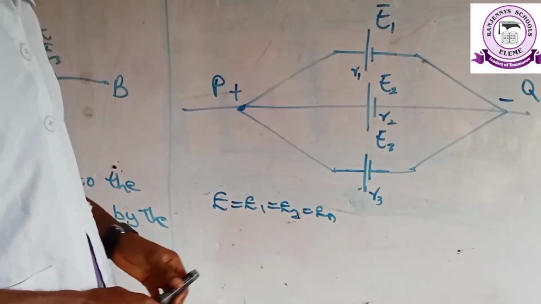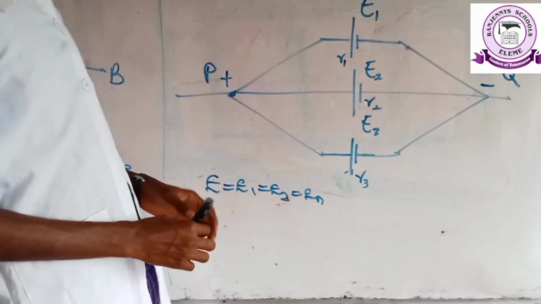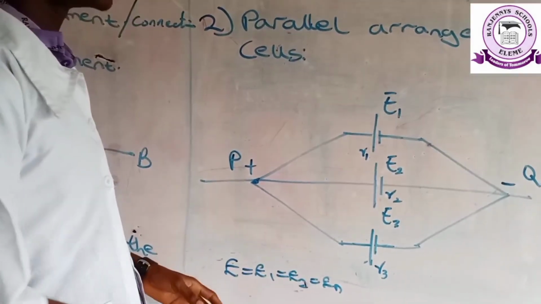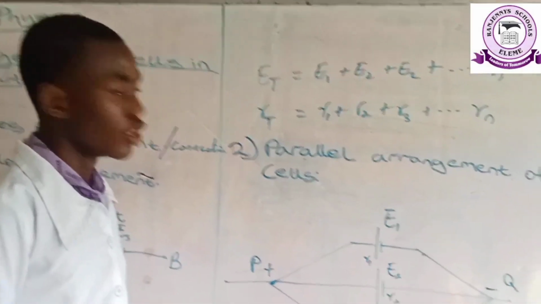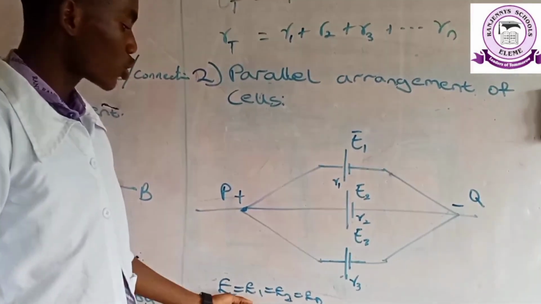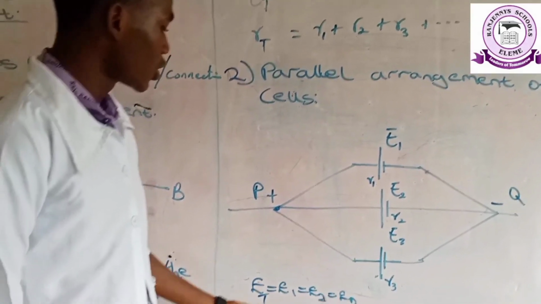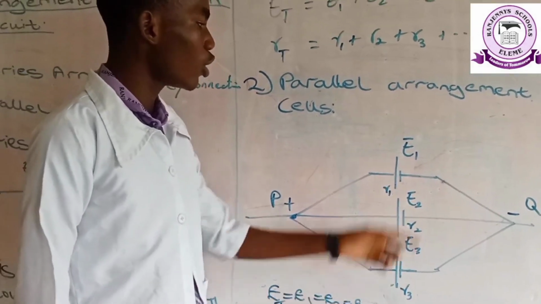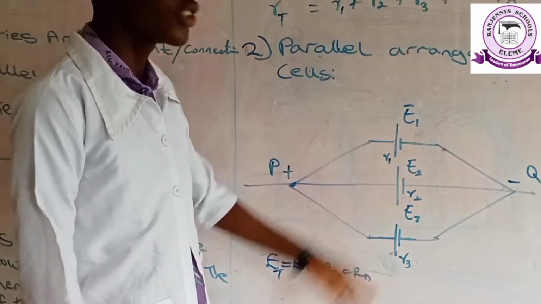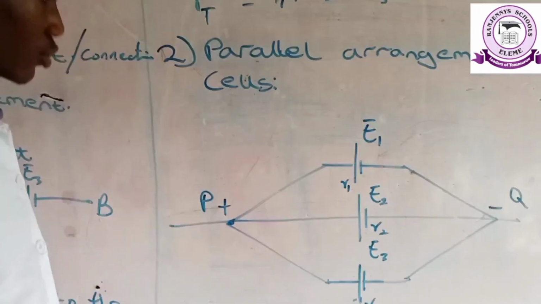Also, in parallel arrangement, the voltage across each of the cells is the same, while the currents across the cells are different.